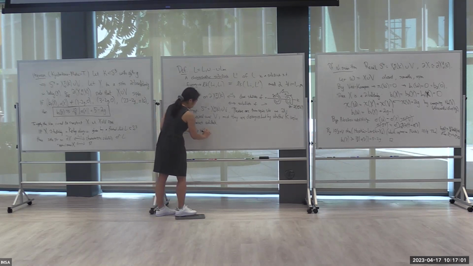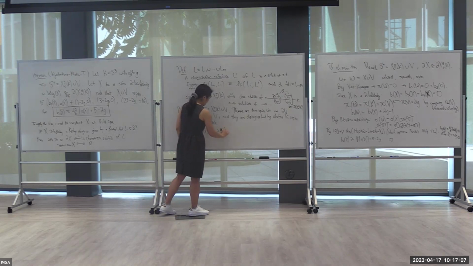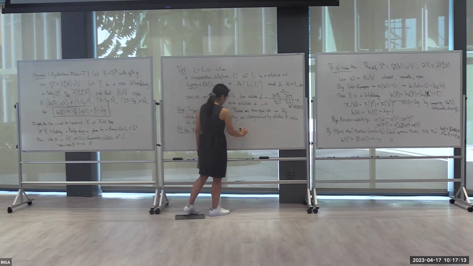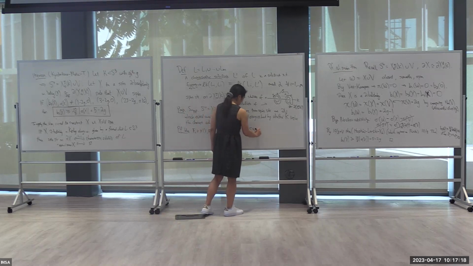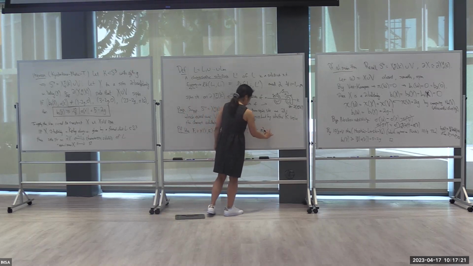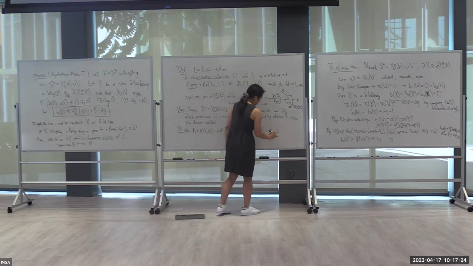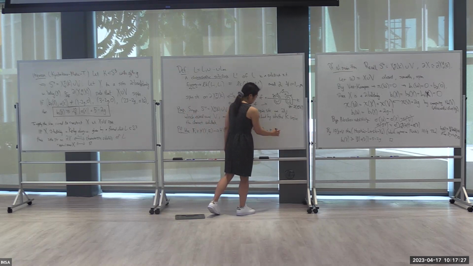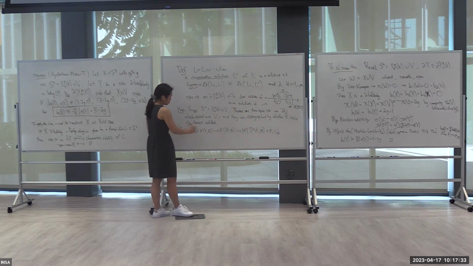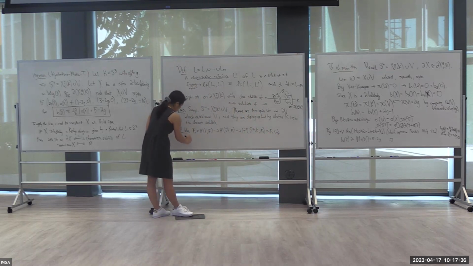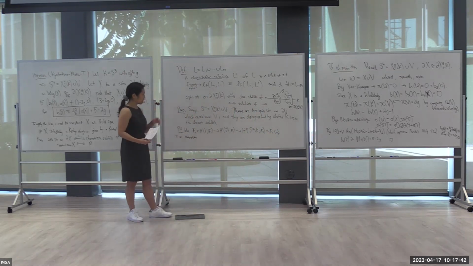If you look at H1 of V with F2 coefficients, that maps to H1 of the boundary of V, which maps to H1 of the knot complement, which is generated by the meridian of the knot. The idea is to show that the composition of these maps is an isomorphism.